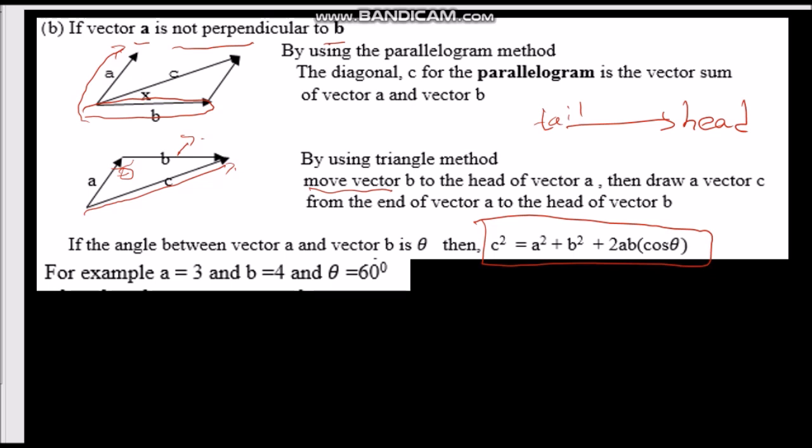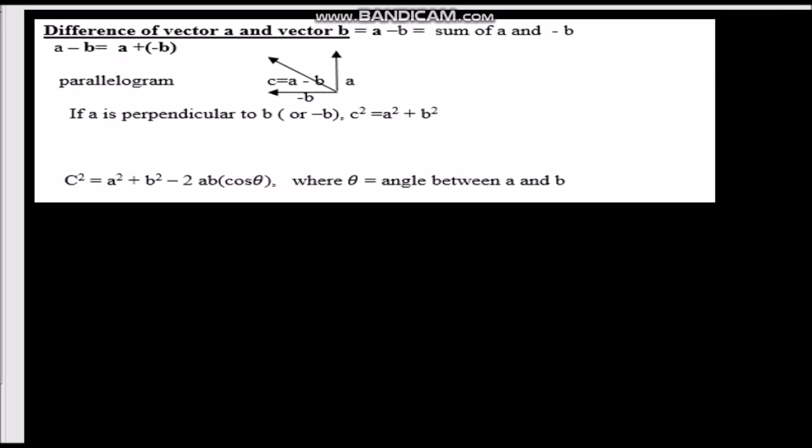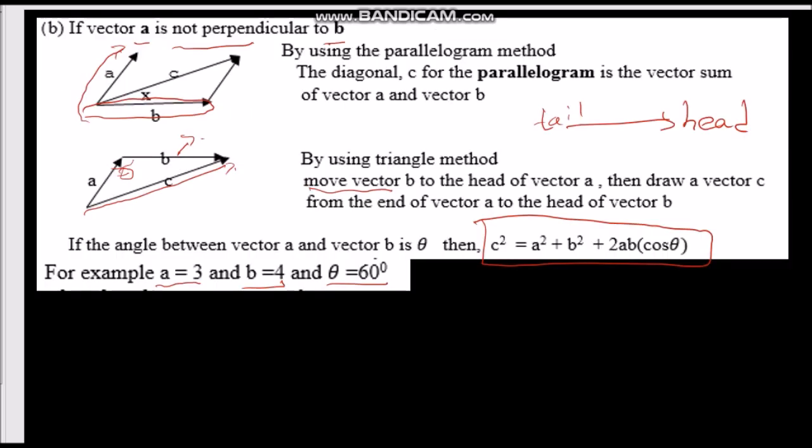Let's say vector A is equal to 3 and vector B is equal to 4, and the angle between vector A and vector B is 60 degrees. Then how to calculate the resultant vector? The resultant vector can be calculated by directly substituting all the values into this formula.